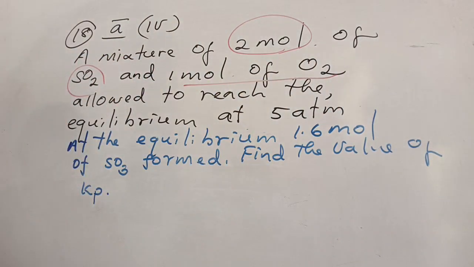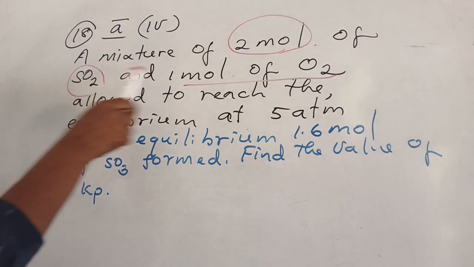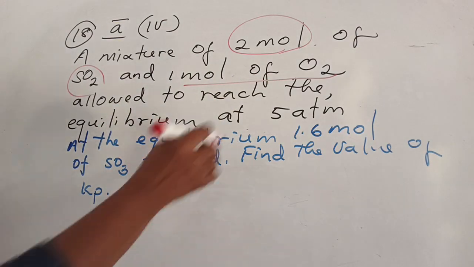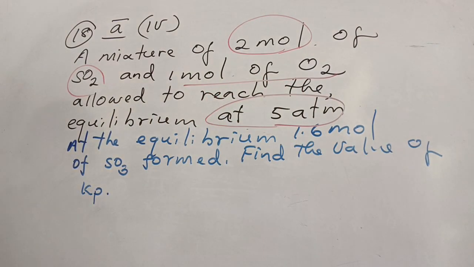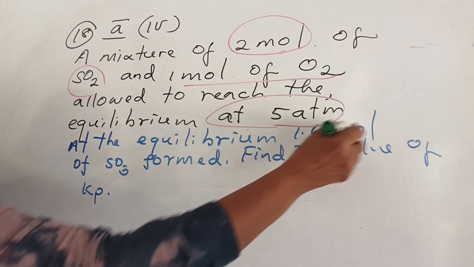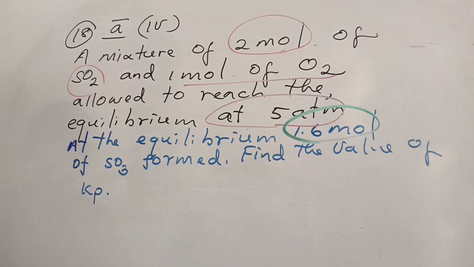It is allowed to reach equilibrium, and the total pressure is 5 atmosphere, and the next important point given here is that at equilibrium 1.6 moles of SO3 is formed. Now we write down all this information clearly and we can see how to initiate the answer in this question.